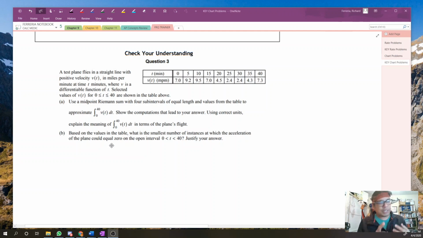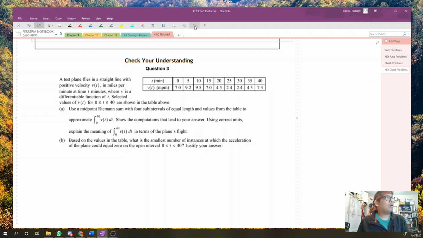First of all, let's do the easy one. Let's do our Riemann approximation. This time we're doing a midpoint Riemann approximation. So let's see, if I'm doing a midpoint Riemann approximation, that means I'm going to have to skip one of these boxes because this has got to be the midpoint. So if you'll just kind of follow over here, in our first interval, it's going to be from 0 to 10.